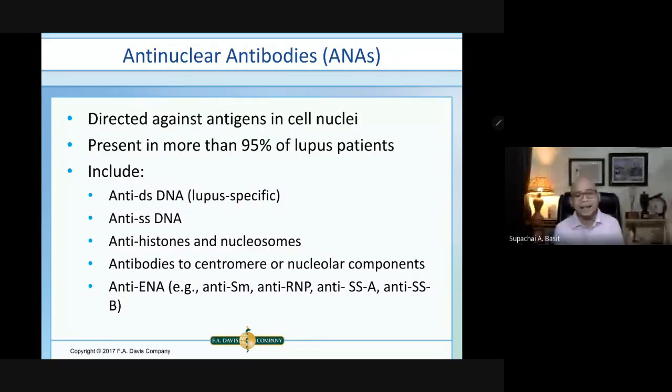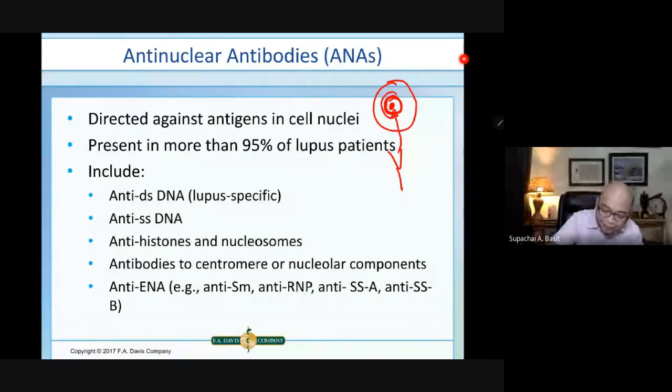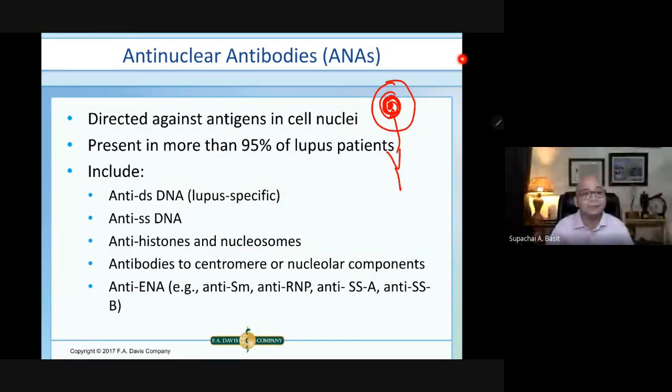So what are anti-nuclear antibodies? When you say anti-nuclear antibodies, these are directed against antigens found in the cell nuclei. So if this is the cell and this is the nucleus, antibodies will be attacking the antigen found here. And do you know that 95% of lupus patients would have anti-nuclear antibodies?